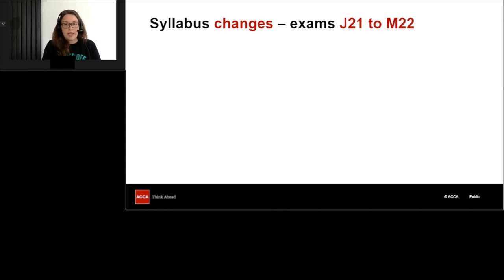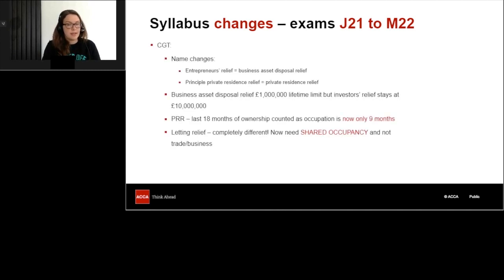Moving on then to talk about capital gains. Firstly, we've got a couple of name changes just to be aware of if you come across this in any material or resources. Just be aware that Entrepreneurs Relief is now called Business Asset Disposal Relief, which is a little bit more of a mouthful. And Principal Private Residence Relief, which we would have summarised to be PPR before, is now called Private Residence Relief.